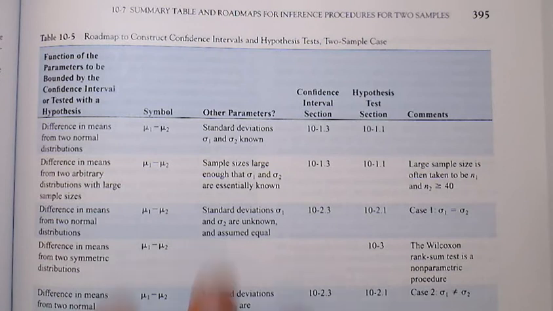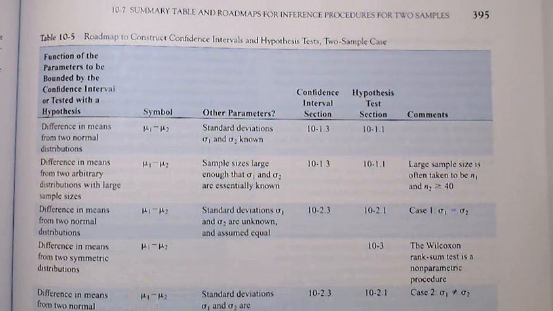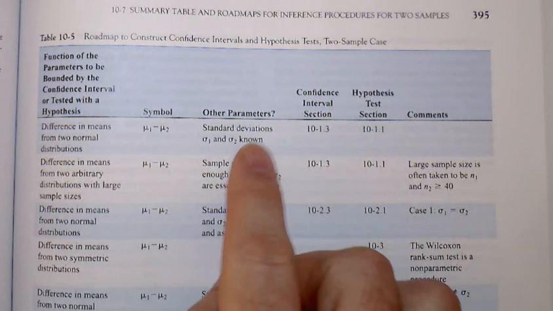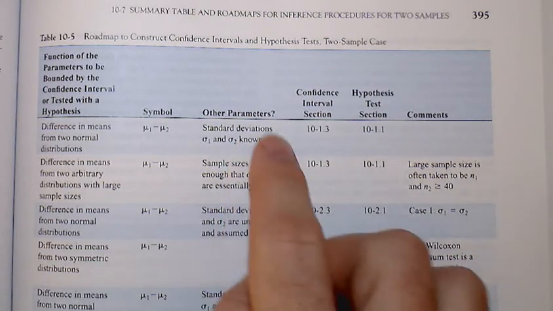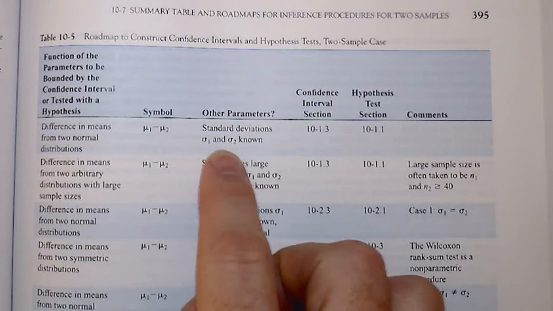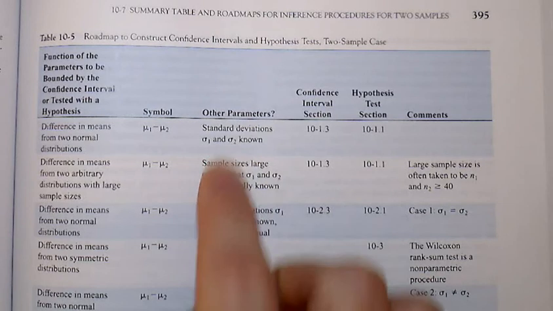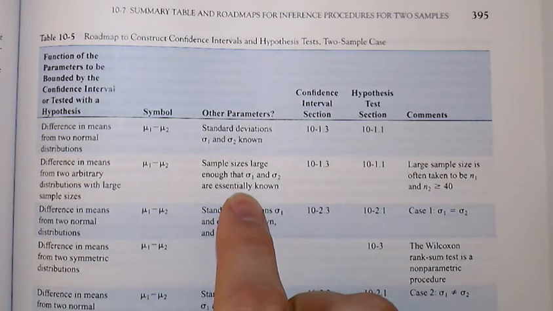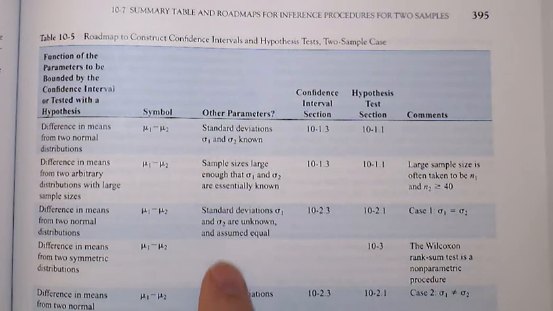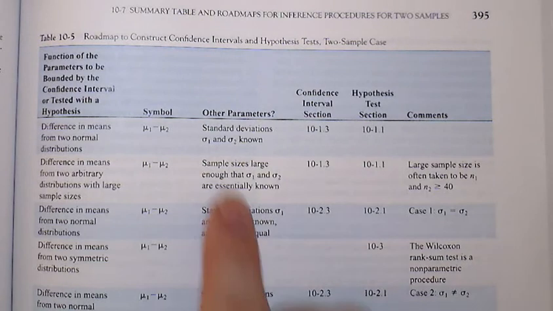So this is a roadmap that can be useful. It gives you a clear indication that you're looking at differences or proportions or ratios of variance, that sort of thing, and the parameters that are also important. And notice the difference between population values being known or not known, or essentially known. These are all important in terms of which one you end up using.